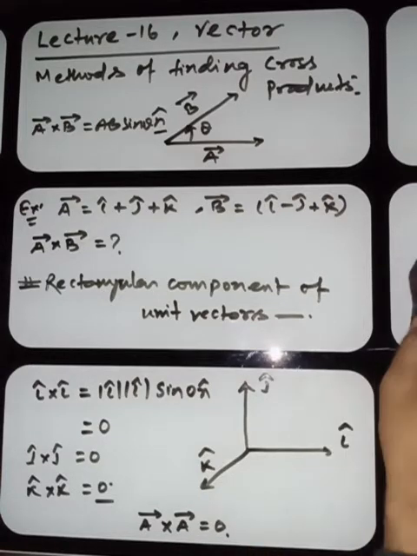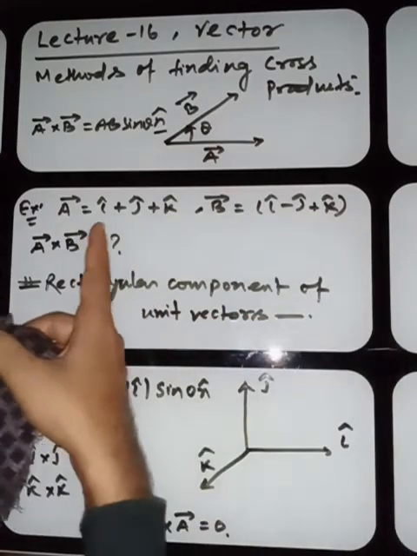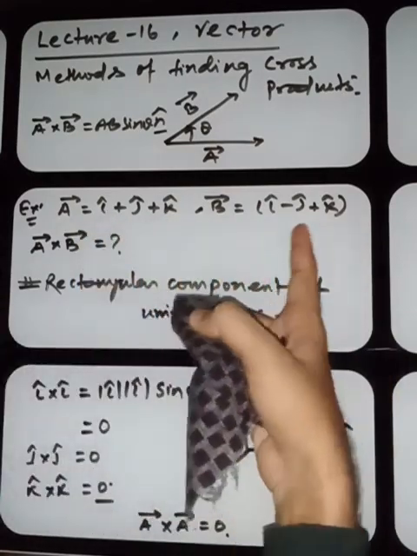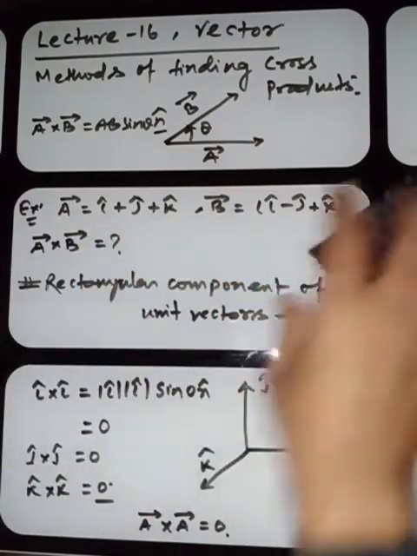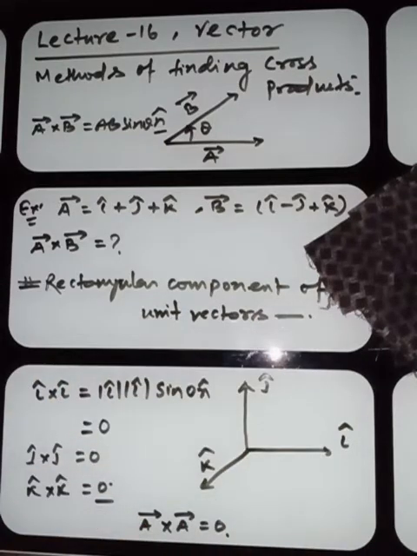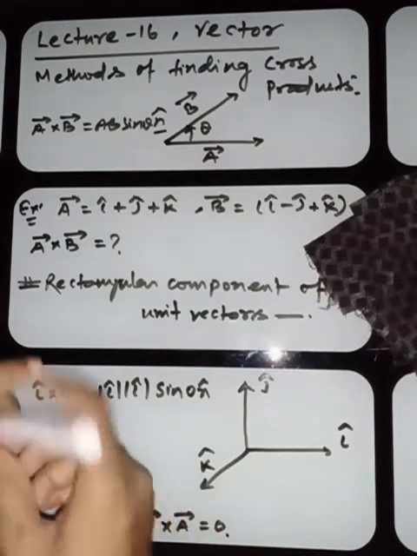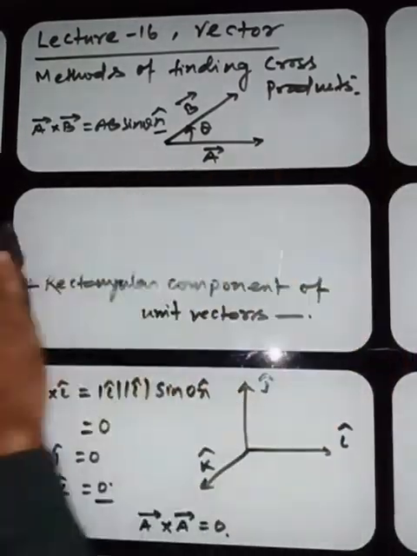But my question here, I will write again, let me write i minus j plus k, i plus j plus k. We'll do this one later on.